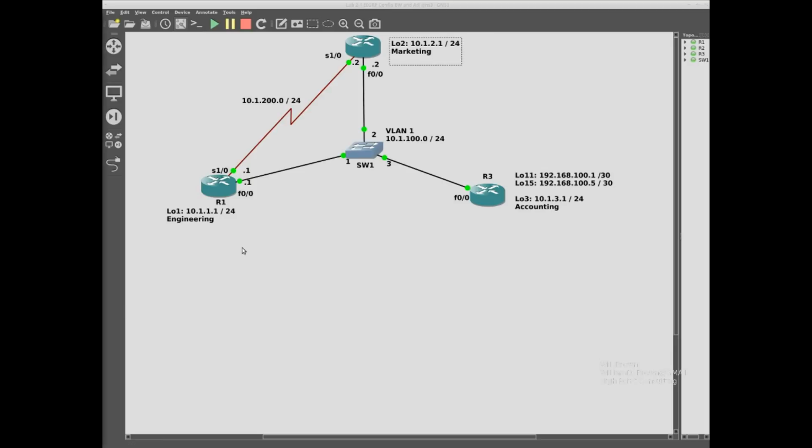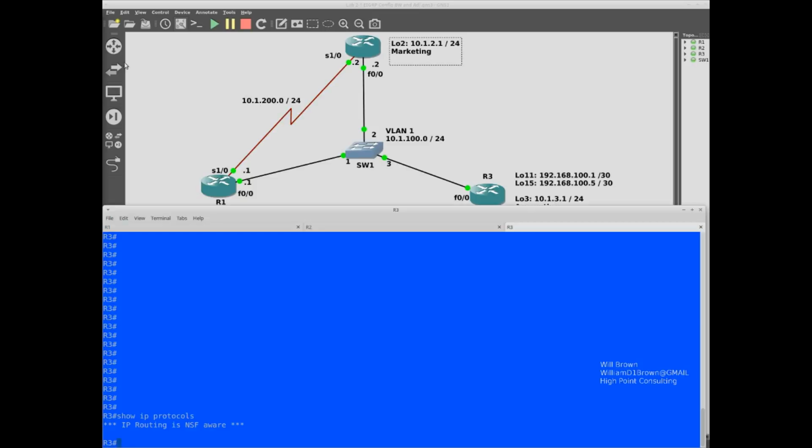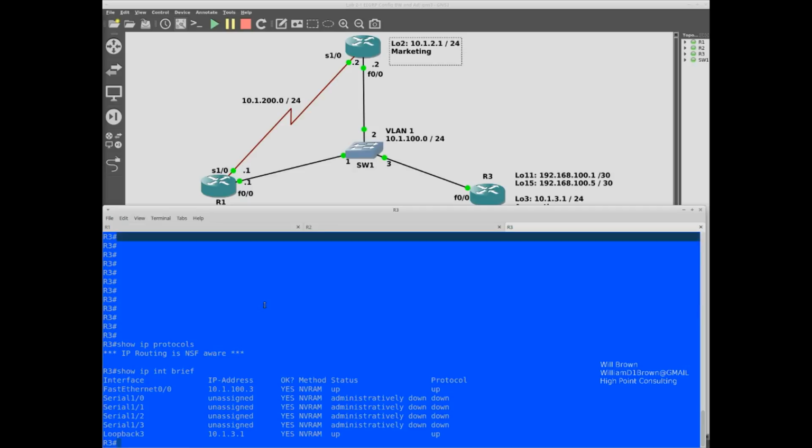configuration here. I think I've already done the IP addresses. Show IP interface brief. Again, this is EIGRP for IPv4. So the IPv4 address on FastEthernet 0/0 is up and up. That's for 10.1.100.3, and Loopback 3, 10.1.3.1, is up and up.